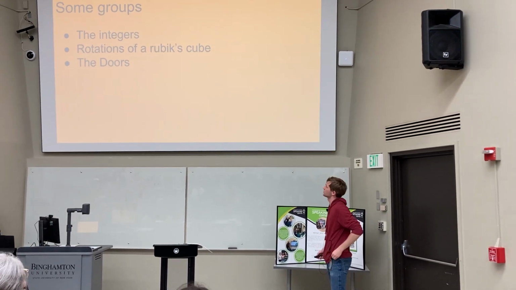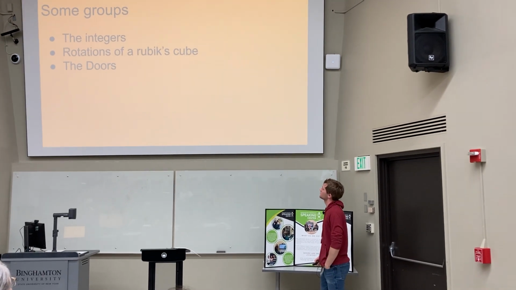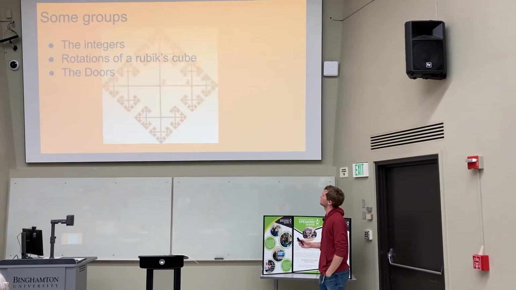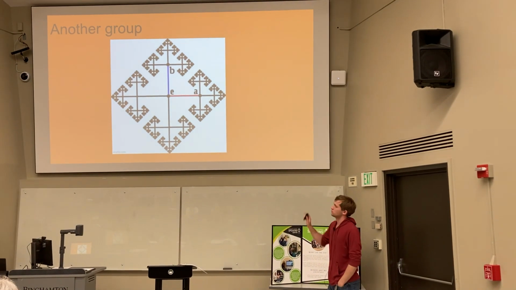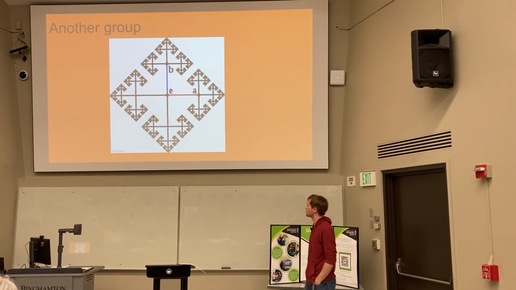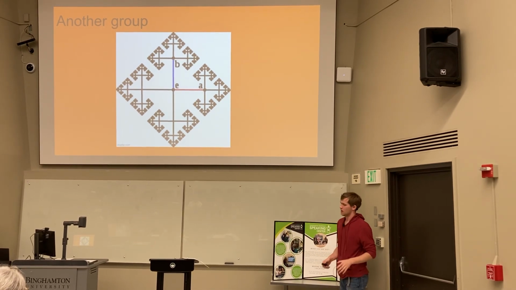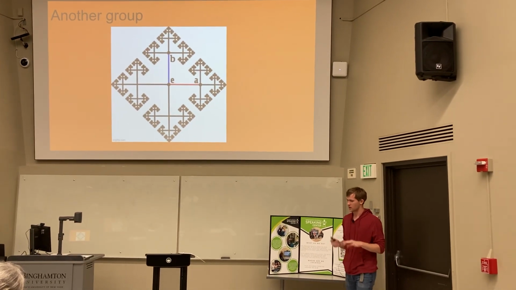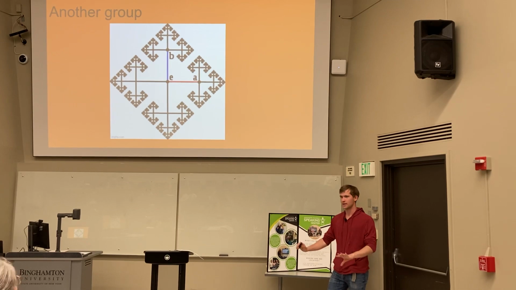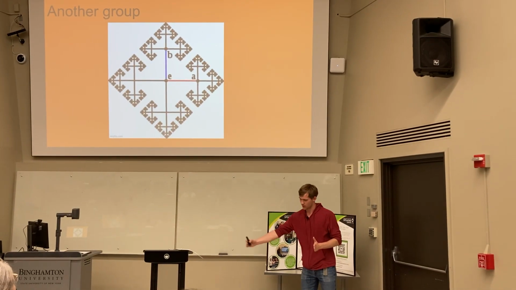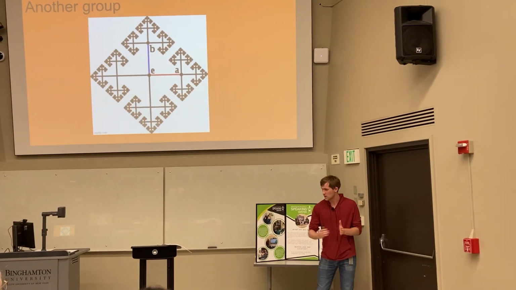And also the doors. The doors is a famous group, I would say. I like the doors. A little technical, but here's another group. It's called the free group of rank 2. All it is is the collection of words composed of 2 letters. It can be any letters in any string that we want, in any infinite string.